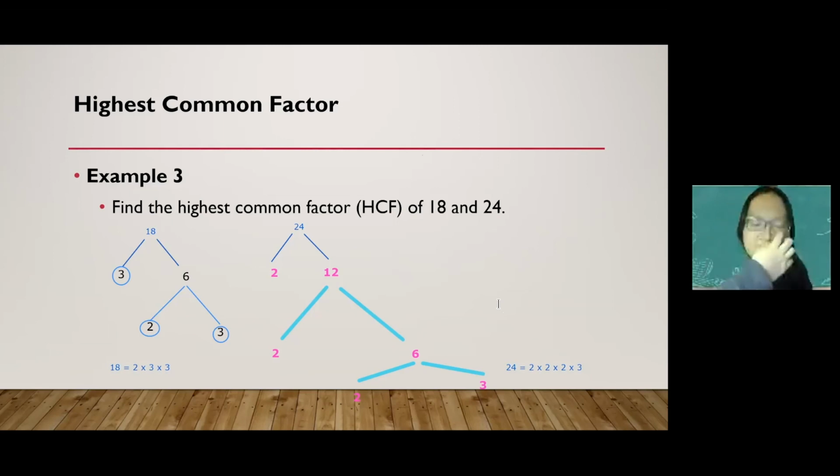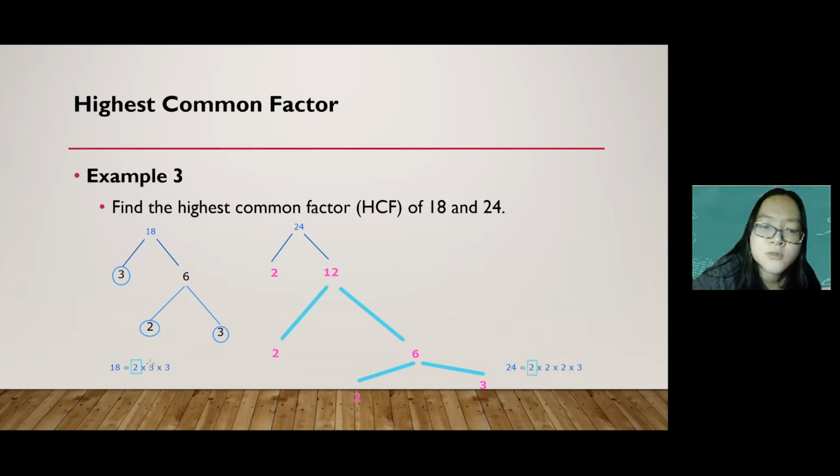For highest common factor, what you need to do is basically look at all the factors that they share. This is best done using prime factorization. So look at all the prime factors that they share. We can see that they both have a 2, right?